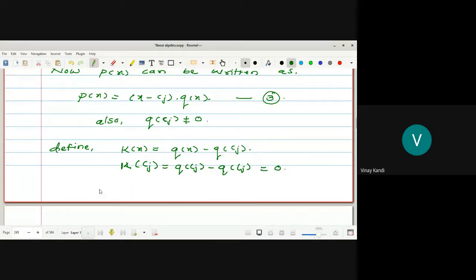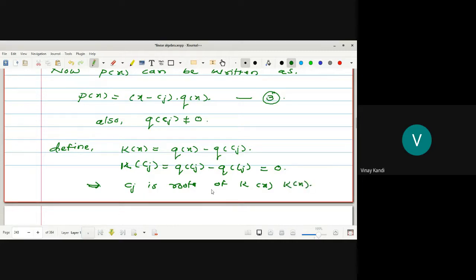So that implies cj is root of k of x. Is it correct? Yes sir. cj is the root of k of x.